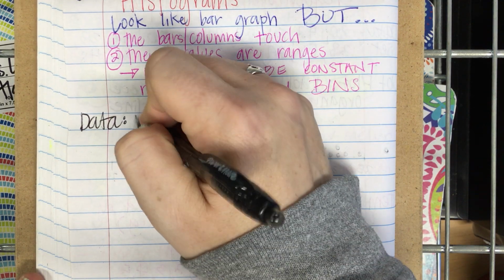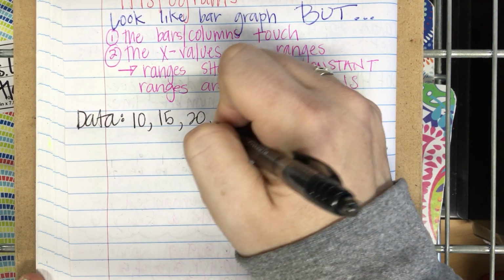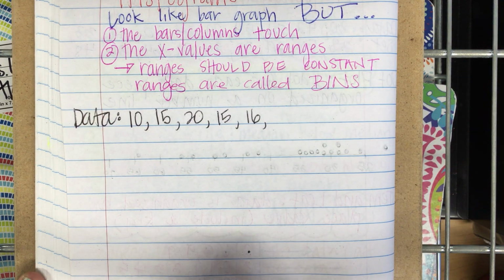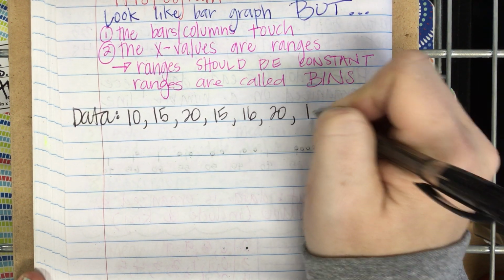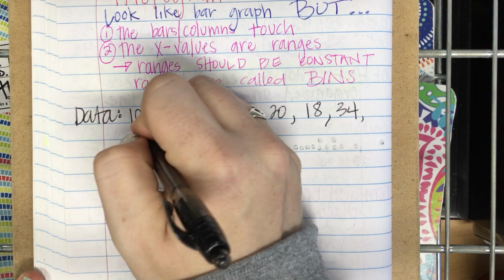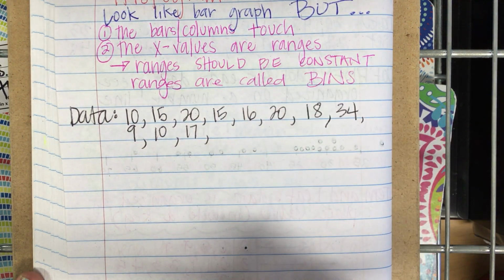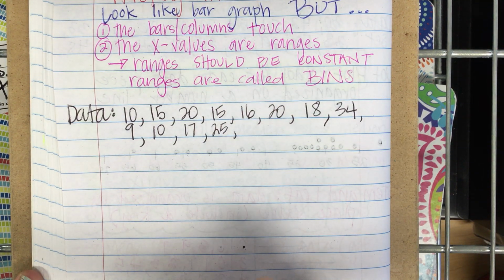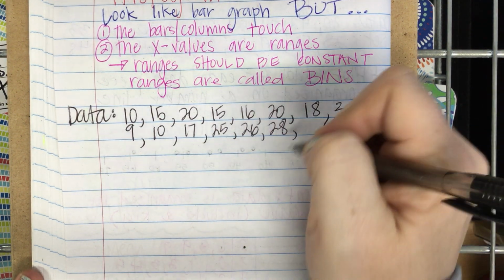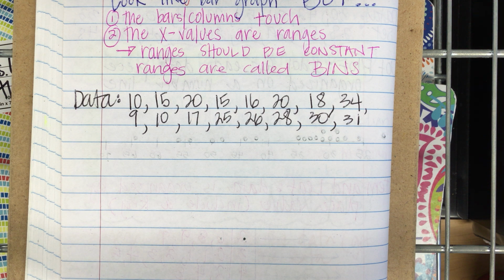Are you ready? 10, 15, 20, 15, 16, 20, 18, 34, 9, 10, 17, 25, 26, bless you, 28, 30, and 31. So there's our data that we are going to analyze.